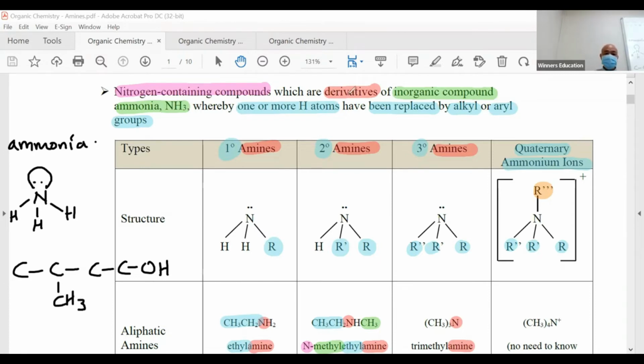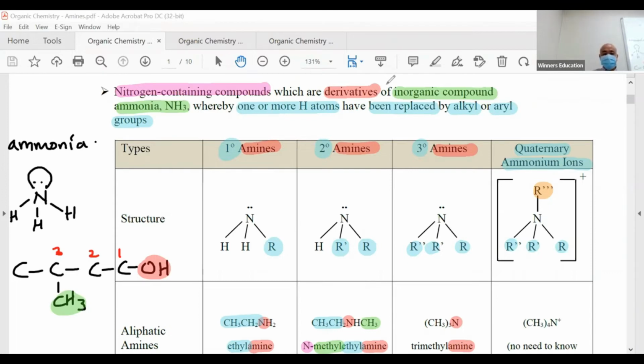So how do we start counting? We say, okay, this is a substituent, but the main functional group is here. So you start by saying the CH3 is carbon 1, 2, 3. So it's a 3-methylbutanol, right? Butan-1-ol. That was carbon containing.